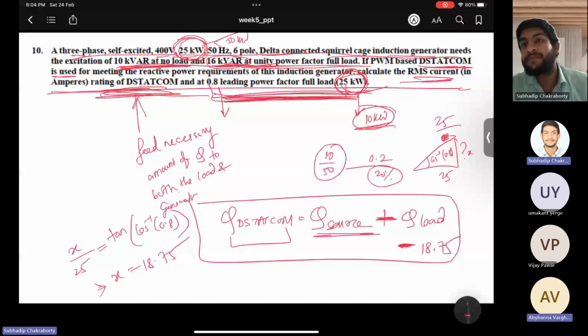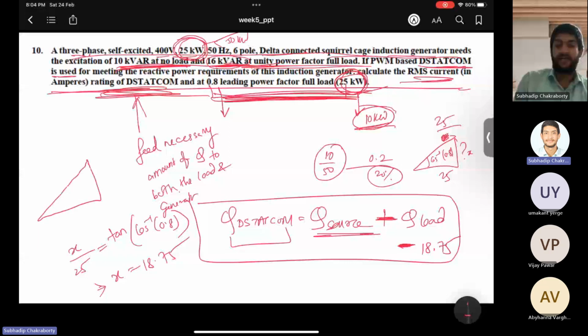So X by 25 is equal to tan of cos inverse of 0.8. I'm just trying to figure out how you got it. Yes, just see, it is the triangle. And 0.8 power factor of the load is given. So I know the load power is 25 kilowatts. So this is P, Q, and S. Load power factor is 0.8, means cos of theta is 0.8.